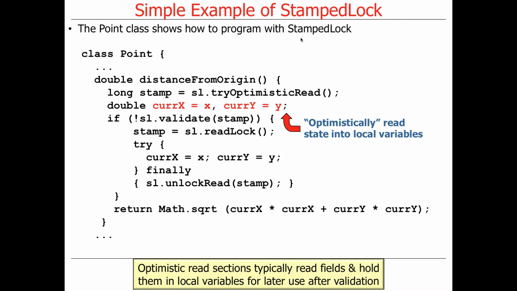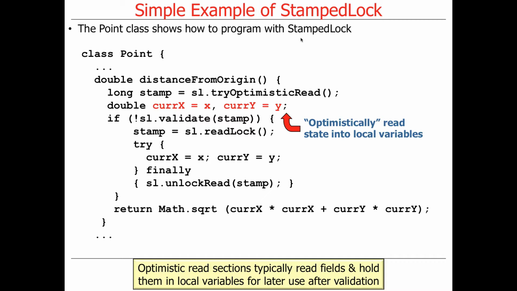Then we go ahead and optimistically read the state into local variables. So cur X and cur Y are updated. This is typically how you use the optimistic read. The optimistic read sections typically read fields and then hold them in local variables. We'll talk about why they do that in a second.